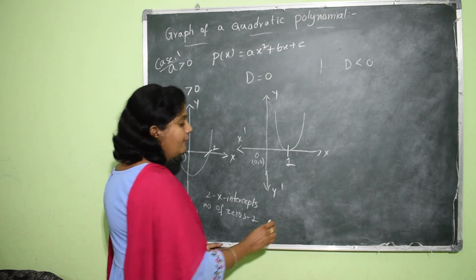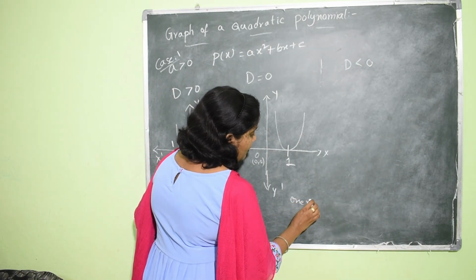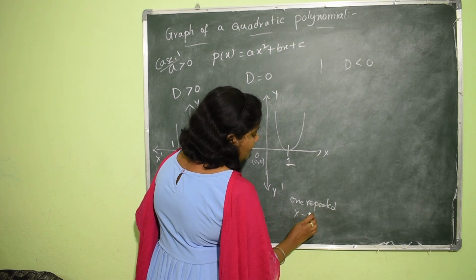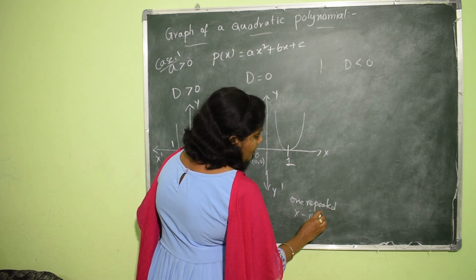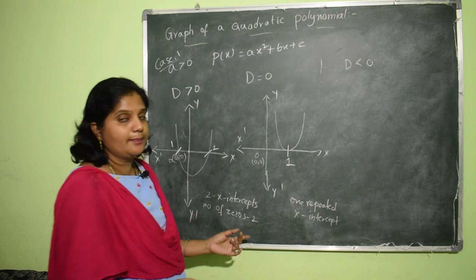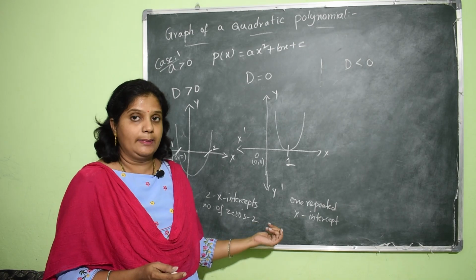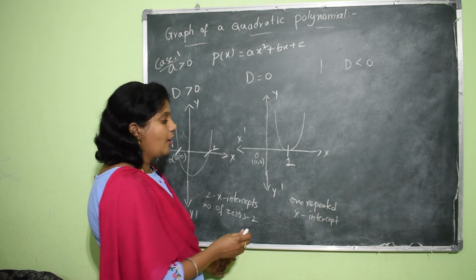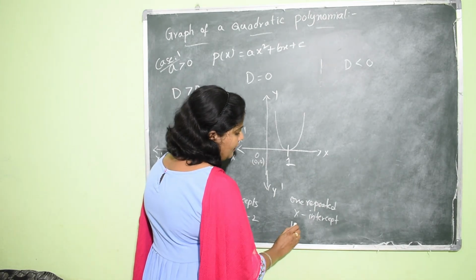So here, one repeated x-intercept. Here we will call it a double root. The one intercept will come twice, that is, one repeated x-intercept. So how many zeros here? 1 zero.